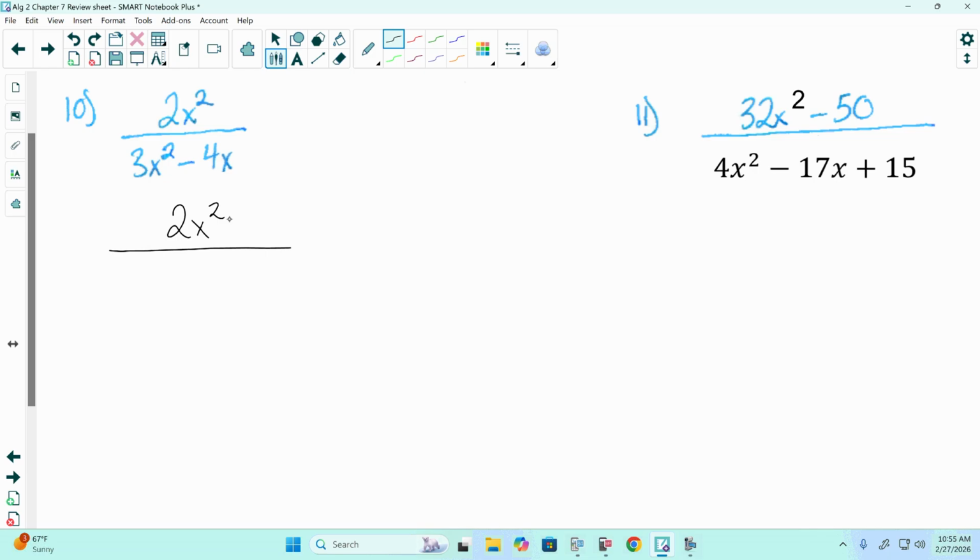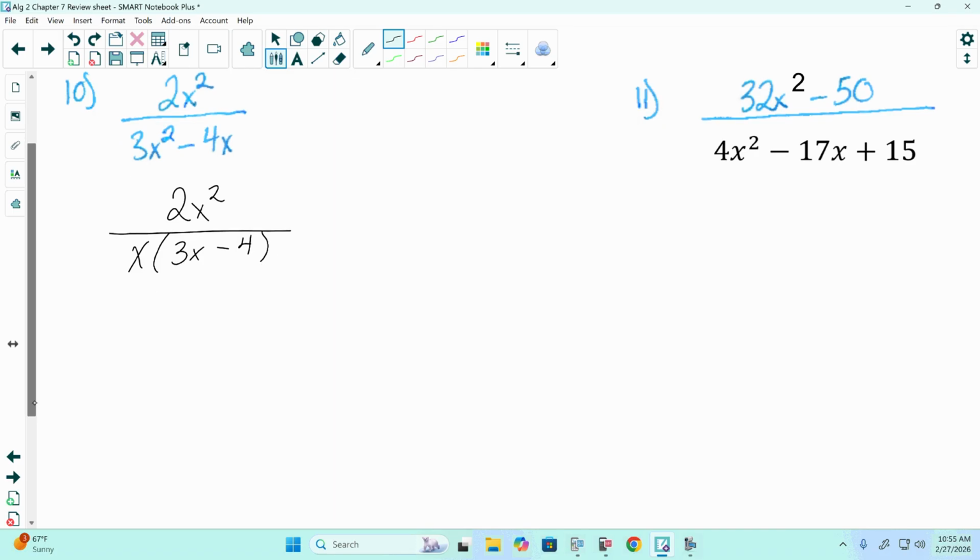The first thing we always want to look for is the greatest common factor. Is there a common factor between 3x squared and 4x? Well, not 3 and 4, but we do have an x in common. If we factor that x out, our 3x squared becomes 3x, and our 4x becomes 4.